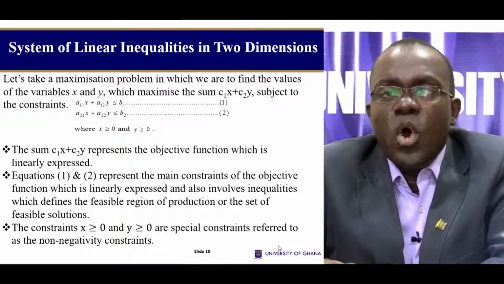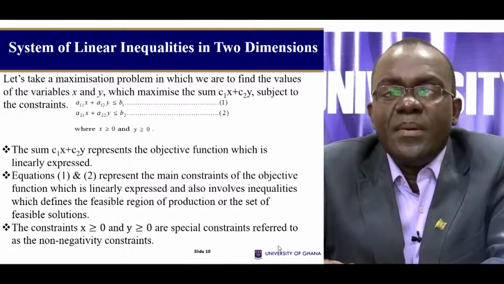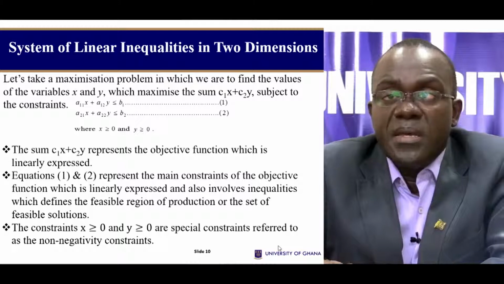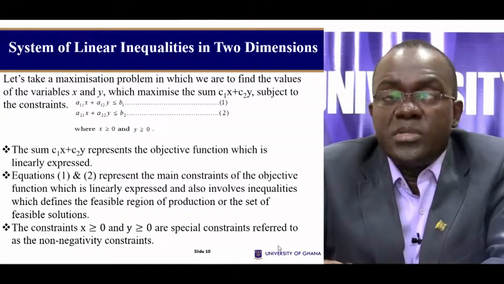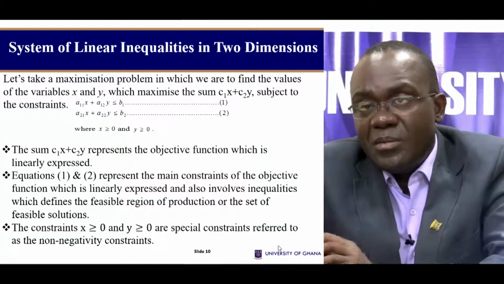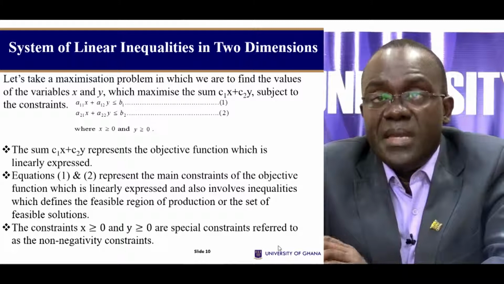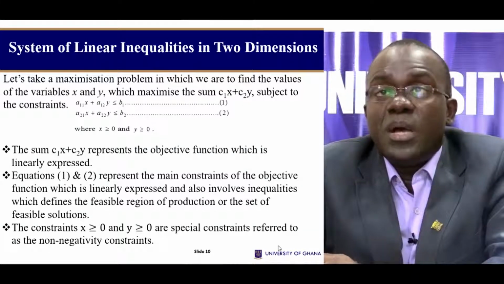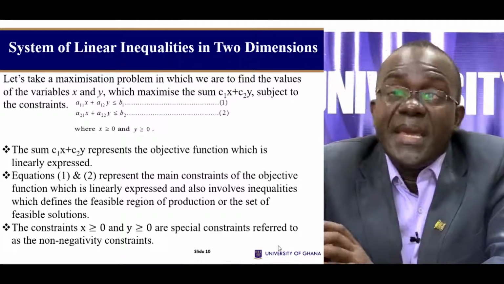At our level, we will always consider that we are operating in the positive x and y Cartesian coordinates, where x is always greater than or equal to 0 and y is always greater than or equal to 0, because in the other sectors, interpretation is quite vague, and for economists, we are not much interested in those areas. We only want to talk about non-negative values or constraints.